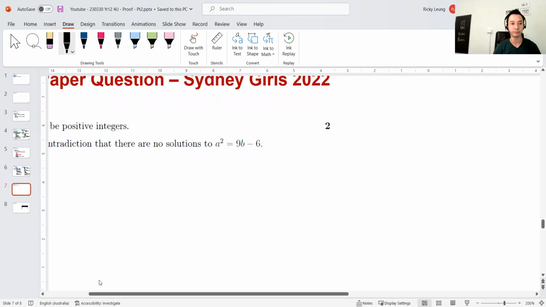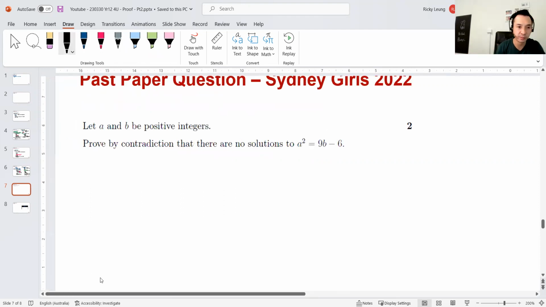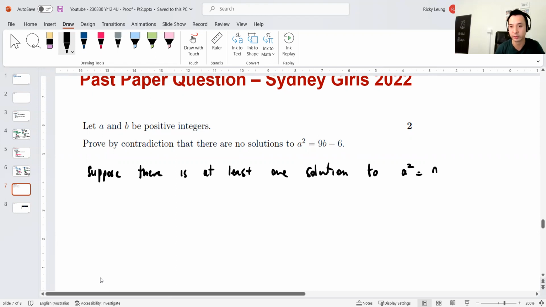So in this case, we go, suppose there is at least one solution to a squared equals 9b minus 6, where a and b are positive integers, right?